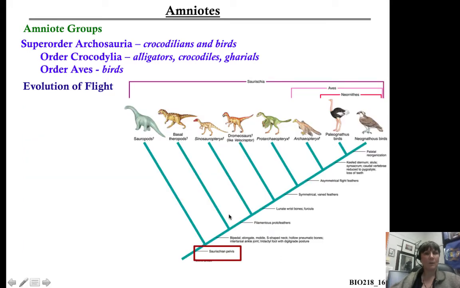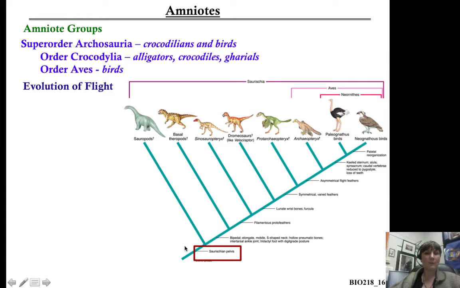All right, let's talk a little bit more about the evolution of flight. So this is a phylogeny from your book showing the Saurischia, and here's the modern Aves and then the Neornithes. So let's start at the bottom. What are the changes that have occurred throughout amniotes from former dinosaurs leading up to the modern birds?